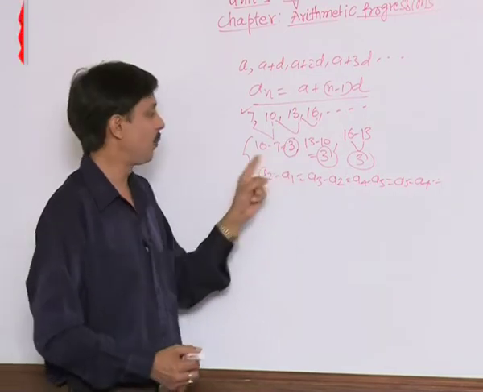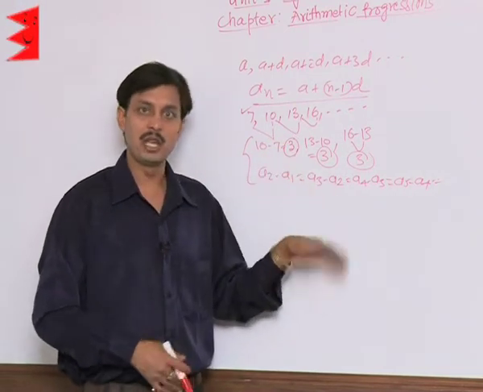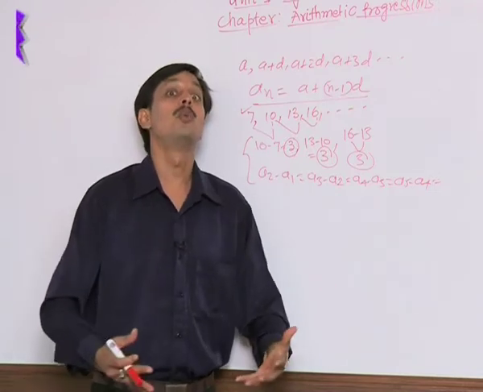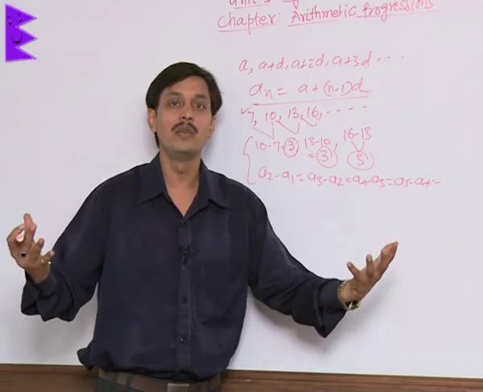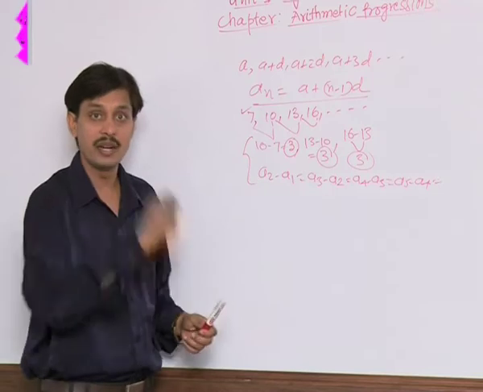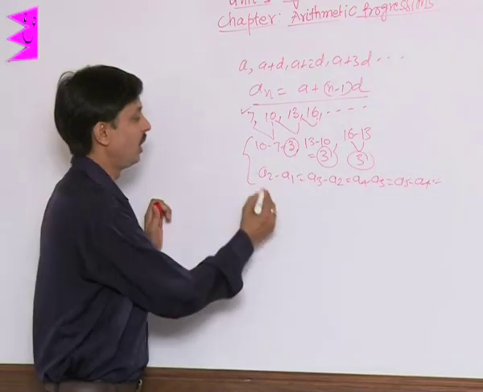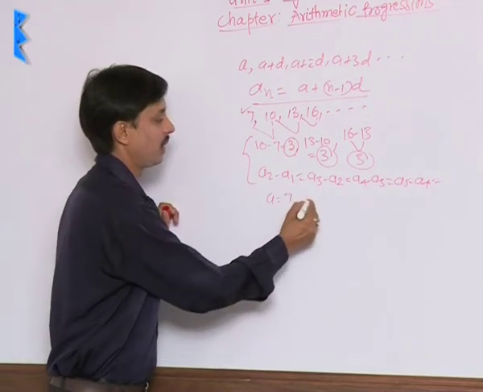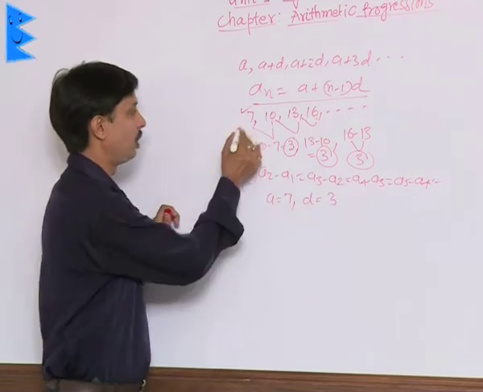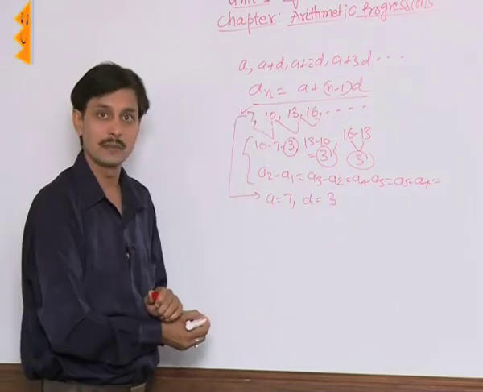The first approach, by finding that the common difference is coming the same, has been done, but if you want to go for the second option, what do we have to do? We will find its nth term formula. Here a is 7 and the common difference is 3 for this progression.